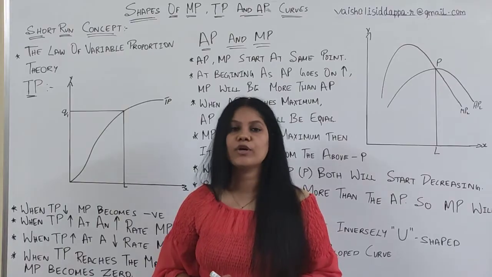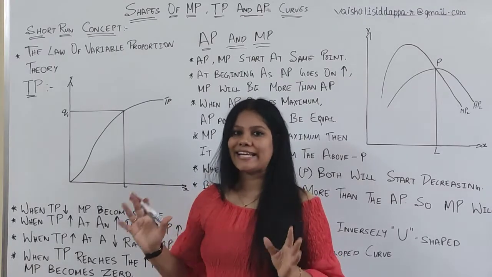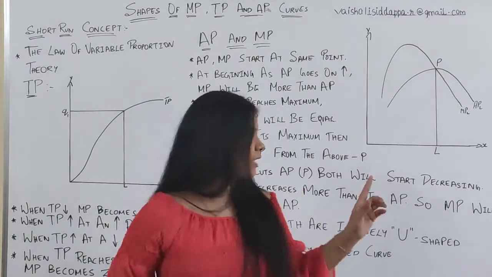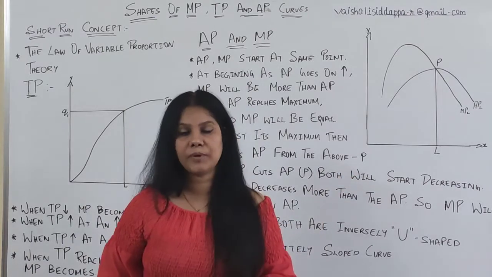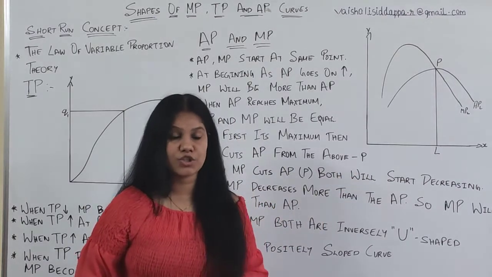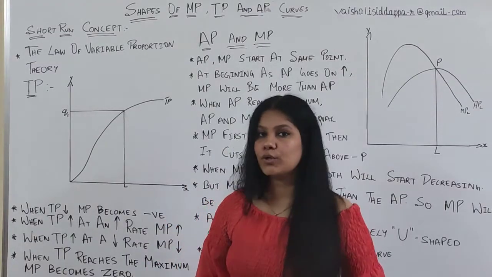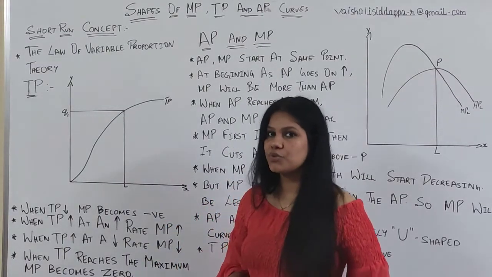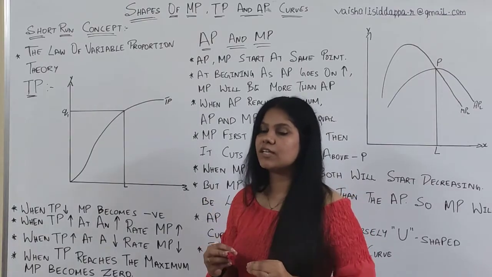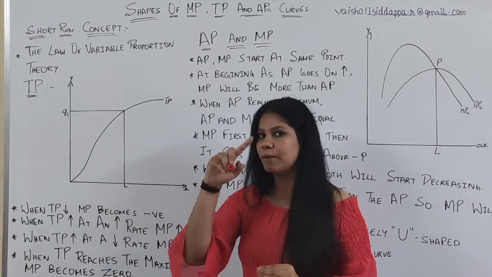Right now we are going to talk about how exactly the shapes of TP, AP and MP behave. When you answer this question, it is for 4 marks, so you have to concentrate on a few minor things, how exactly the curve shape is moving.